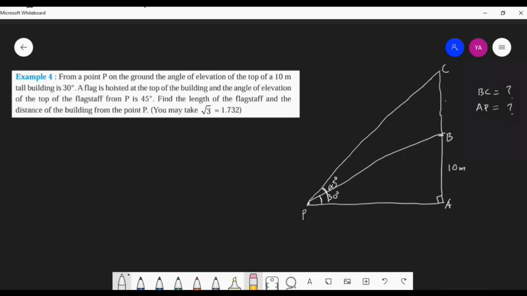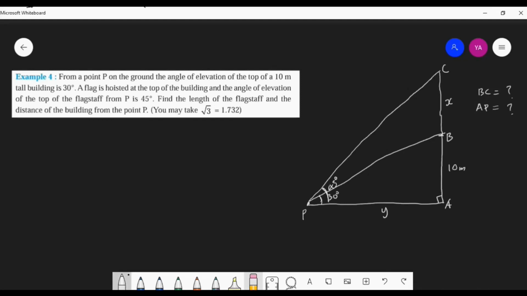I think I better take X and Y. Suppose X is the height of the flagstaff and Y is the distance from the building to the point P. We have two right triangles. From each, we apply suitable trigonometric ratios, form equations, and solve the linear equations in two variables.